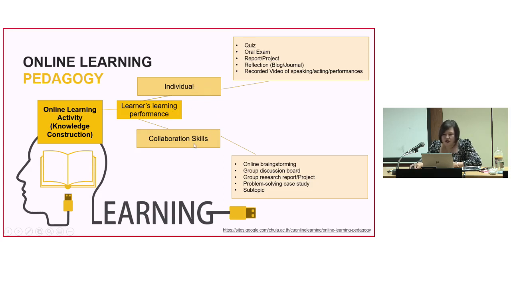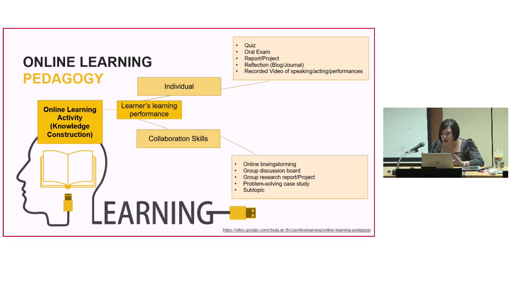For collaboration skill, the performance can be shown through online brainstorming. You have students come to a meeting in real time and think together, solving the problem together and brainstorming together.